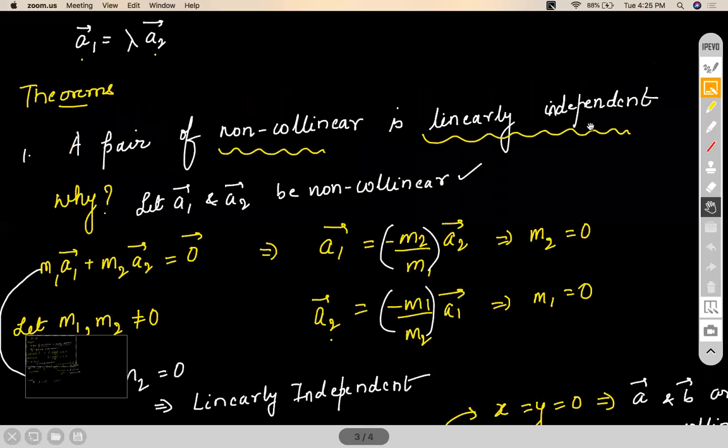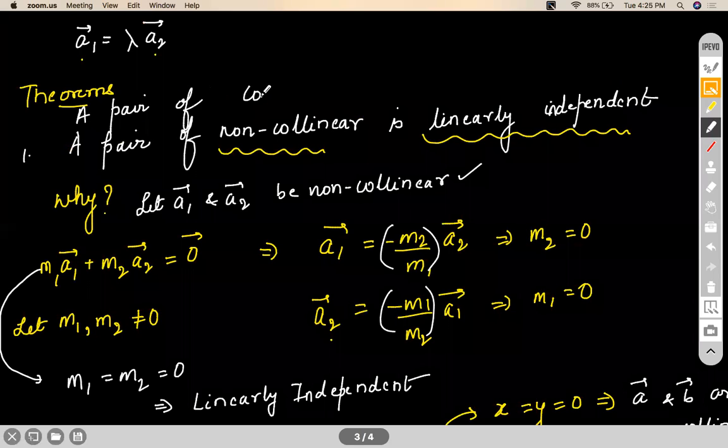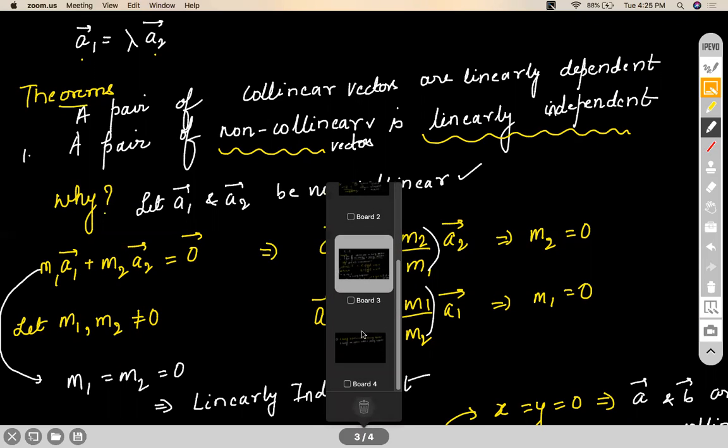A pair of non-collinear vectors is linearly independent. So I would like to add over here a pair of collinear vectors are linearly dependent. Both mean the same thing. So let's go back to the second slide.